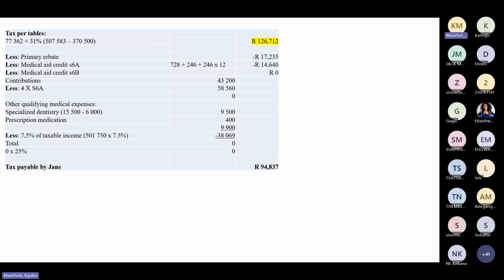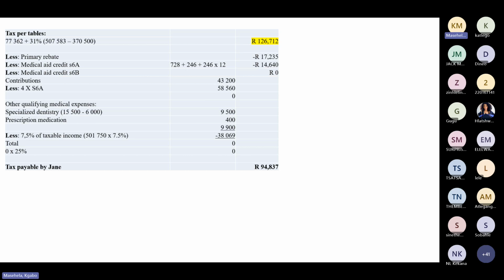Then there are two 728 for Jane and Daniel, another dependent, the daughter, and the son. And it's for a period of 12 months. Can you see, guys? 14,640. And because it's a deduction, that's why we put it in brackets, or there's a minus sign before.